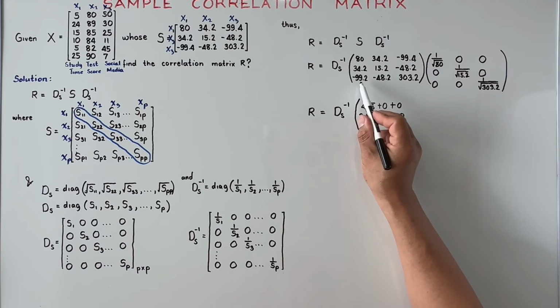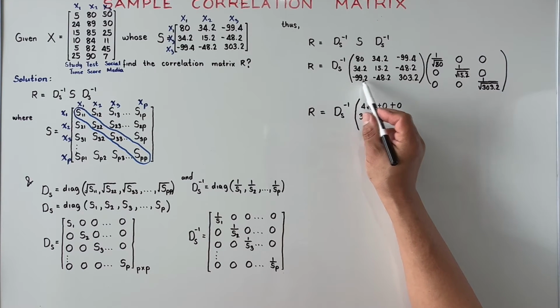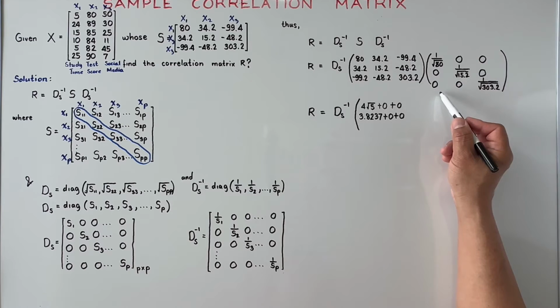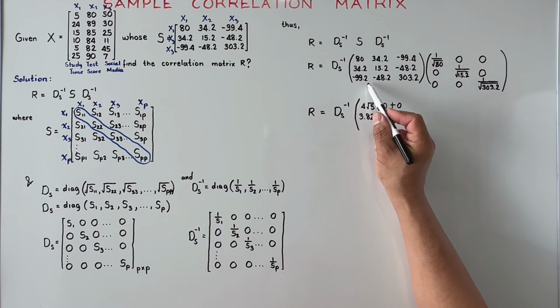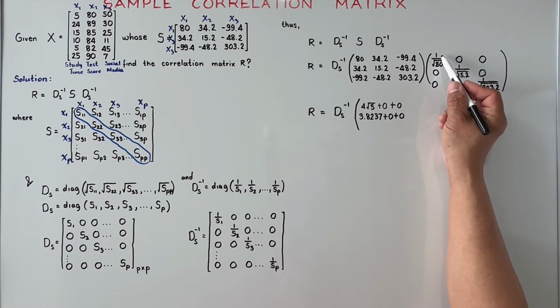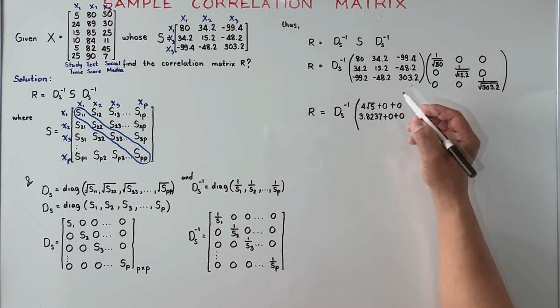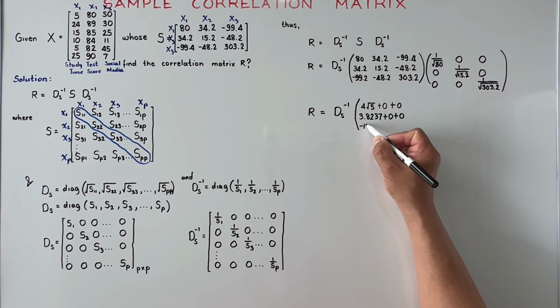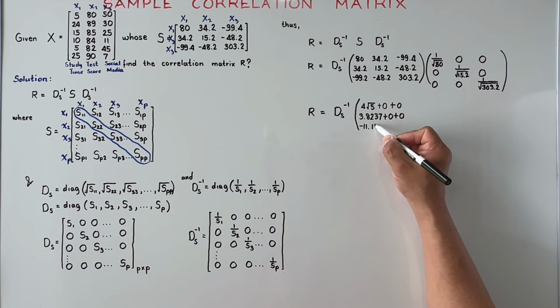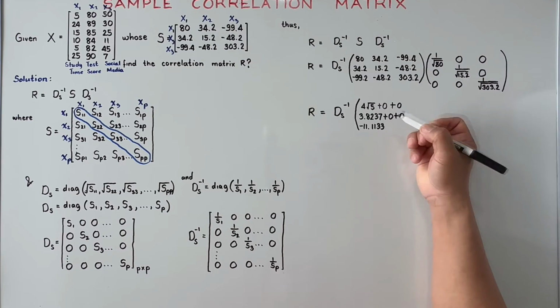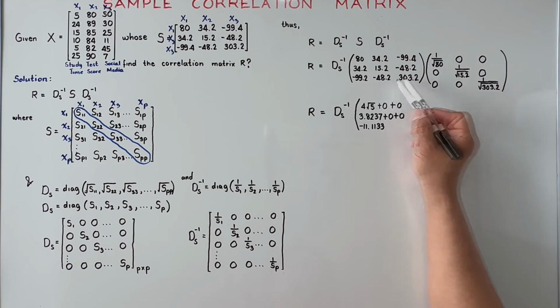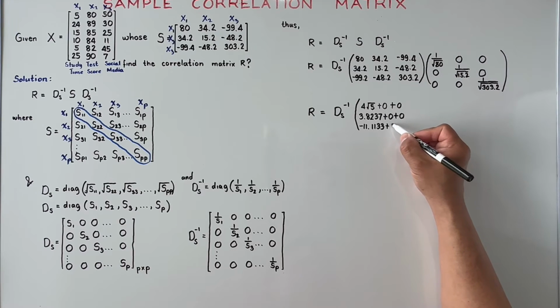Now, to obtain the next element, we multiply the third row by the first column. So, negative 99.2 times 1 over the square root of 80. And the product is negative 11.1133. And then multiply negative 48.2 times 0, which is 0.